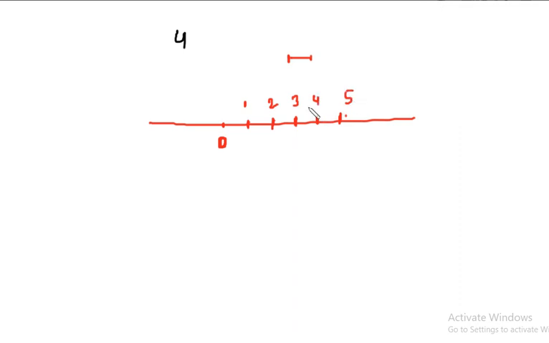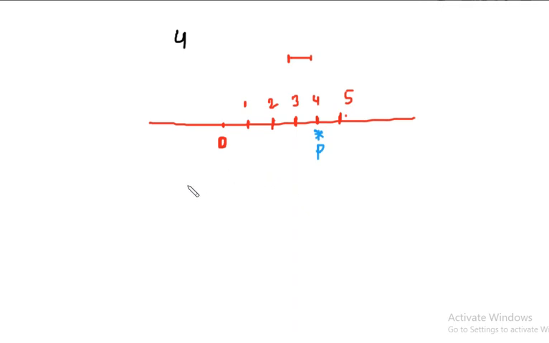So on the number line we have got the representation of 4. You mark this point and say that 4 is represented by the point P on the number line.